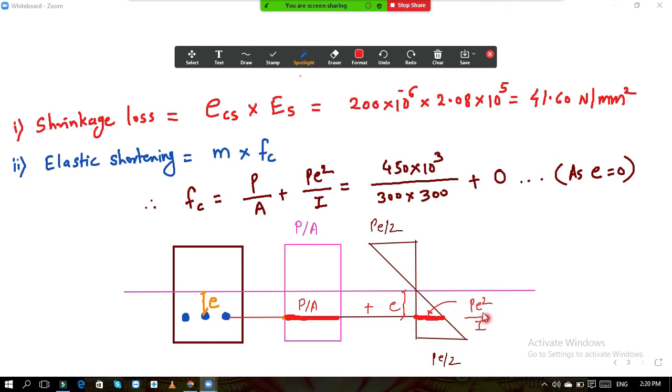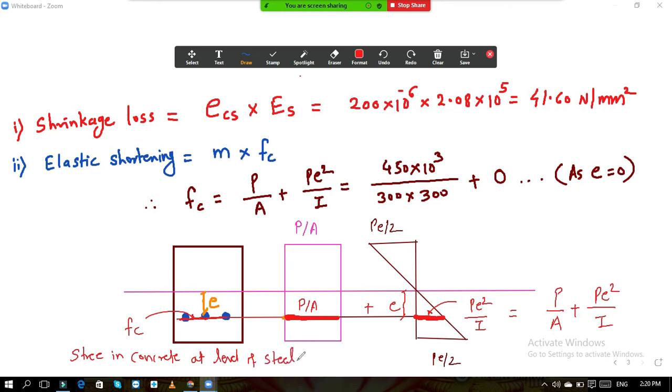And when you add these two, then you will get the formula P by A plus Pe square by I, and this is the formula to calculate this Fc. Here the stress in concrete is called Fc, stress in concrete at level of steel.